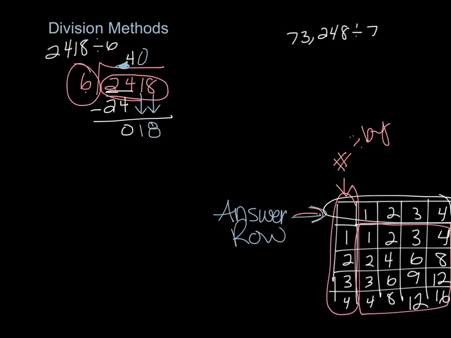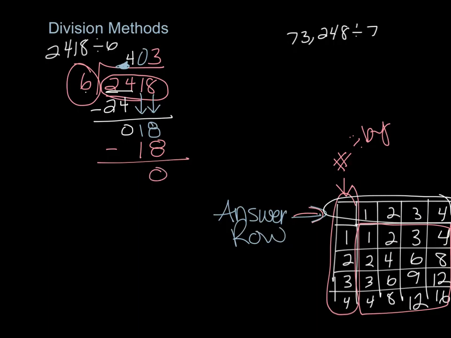Now we're taking 6 into 18. Again, finding 6 in our number, we're looking for 18 in the middle, and then we're looking for our number on the top that is closest to without going over. 6 goes into 18 3 times, so we subtract it out.